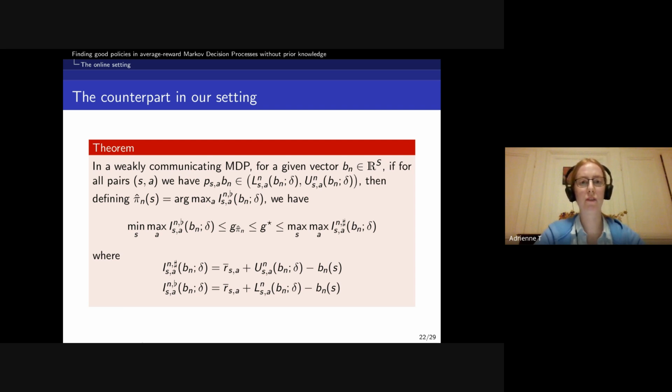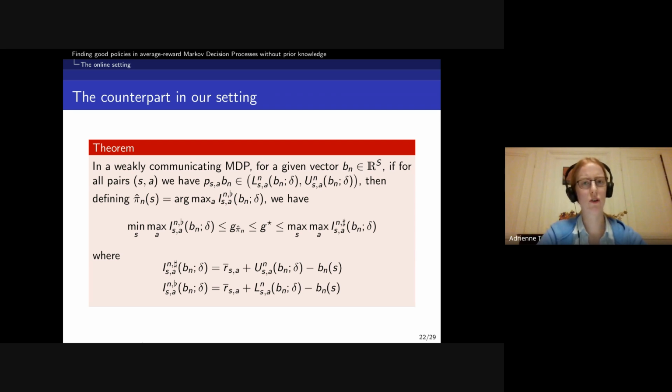Because you have your upper and lower bounds, by the theorem we had just before, we can bound the gain of the induced policy within those two. So with those estimators, you effectively have an upper bound of the suboptimality of your policy.